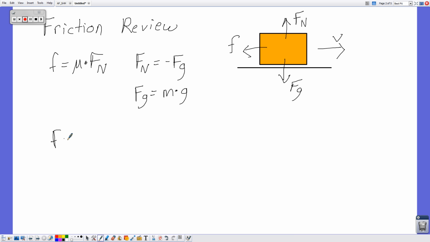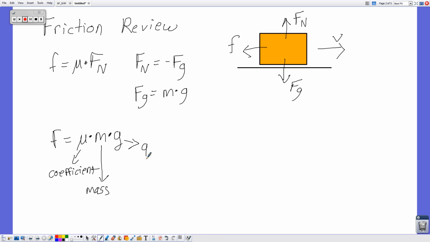That gives me friction force equals mu, the coefficient of friction, times m times g, where that's my coefficient. Here's the mass of the whatever it is sliding to a stop.